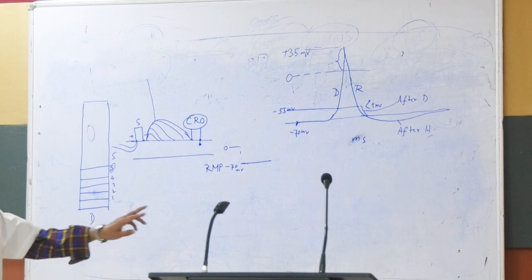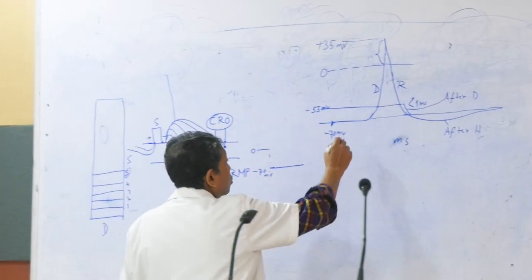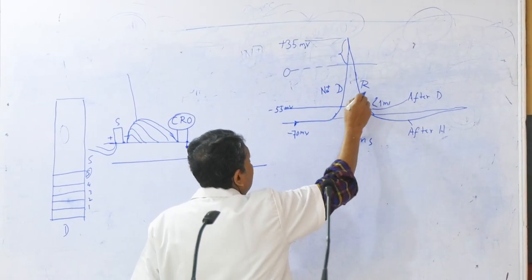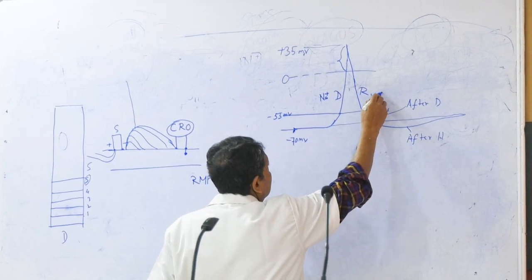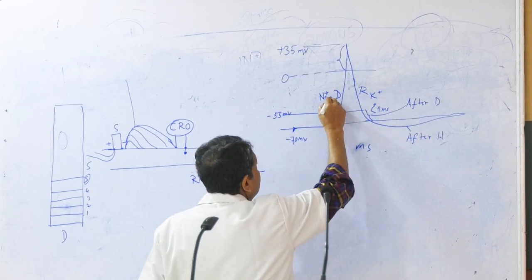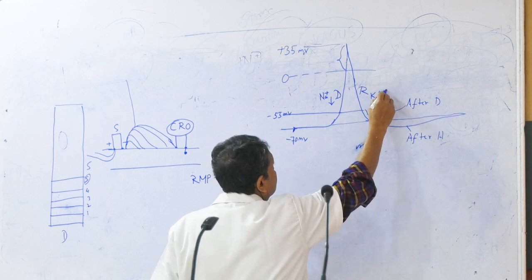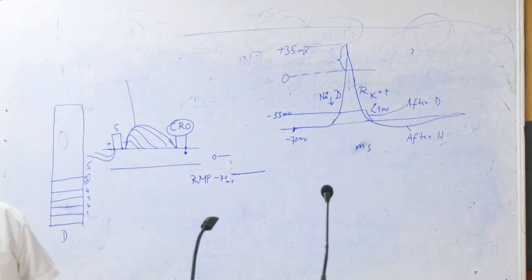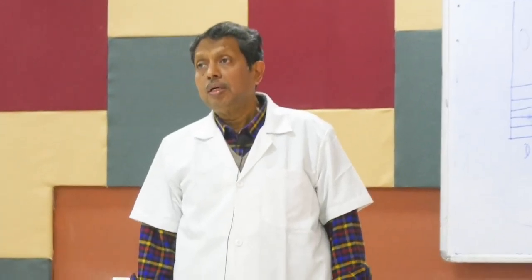There is rapid depolarization due to the sodium ion. Repolarization is due to the exit of potassium through voltage gated channels. It is the entry and it is the exit. And there is a positive feedback mechanism.